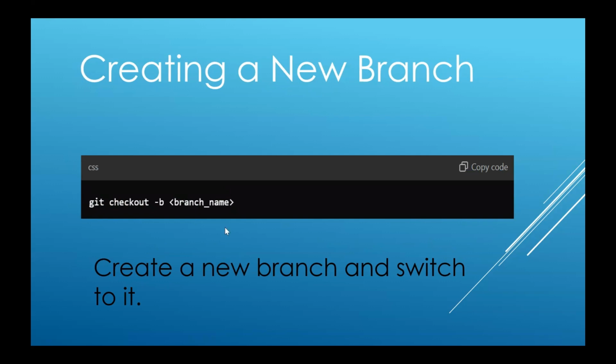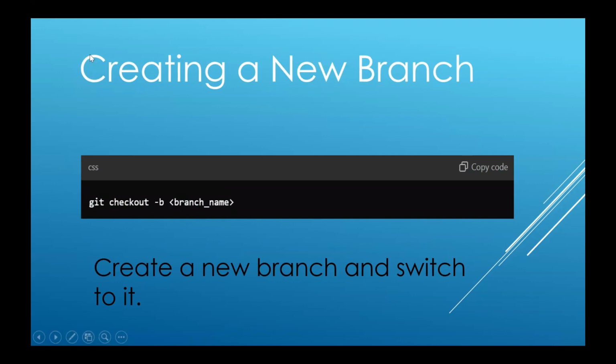Once the repository is cloned, the next step is to create a new branch, because if you are cloning the repository, the default branch will be the main or master branch, and as per organization branch policies, you cannot make changes directly in your master or main branch.